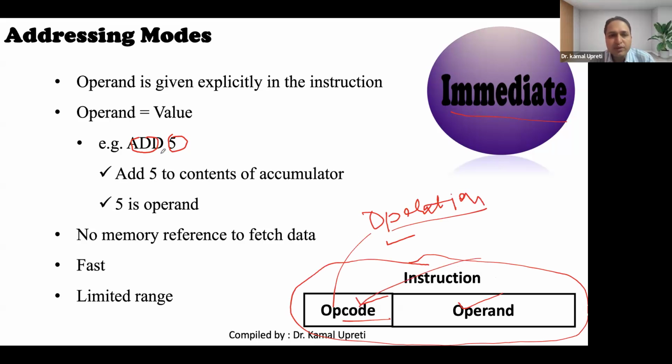So you can say add 5. It means 5 is the content of the accumulator that we are storing, and 5 is an operand. And the second thing is there is no memory reference to fetch the data. Yes, we are not having any memory in order to fetch the data. In this case, we are not having any storage of data.